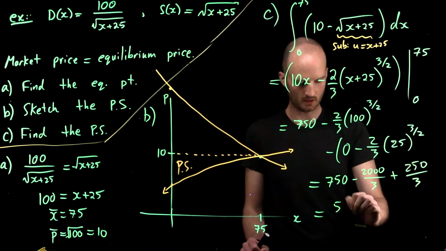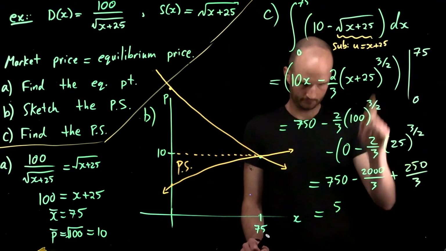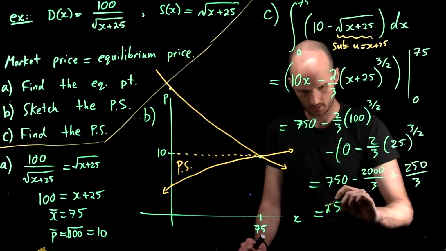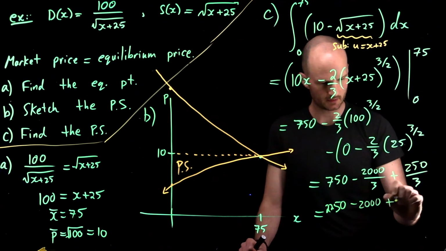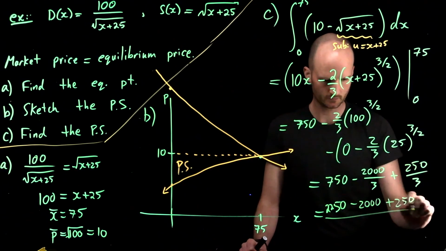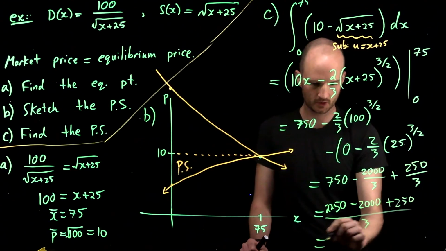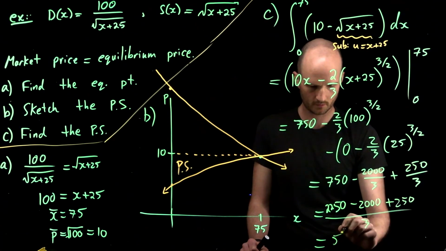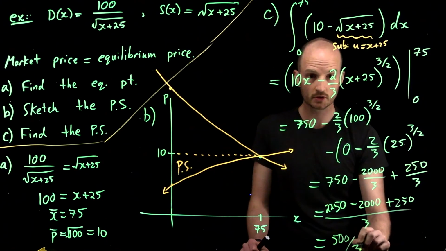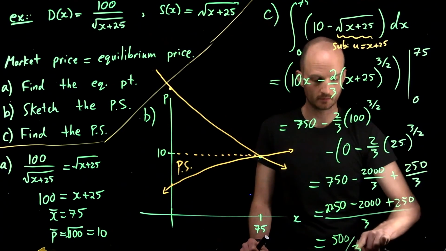And that's going to give me 250 minus 2,000 plus 250/3, which is 500/3. Which, believe it, 3 is not appearing.